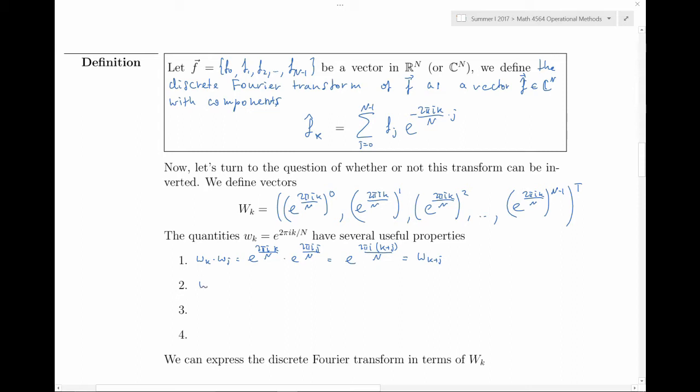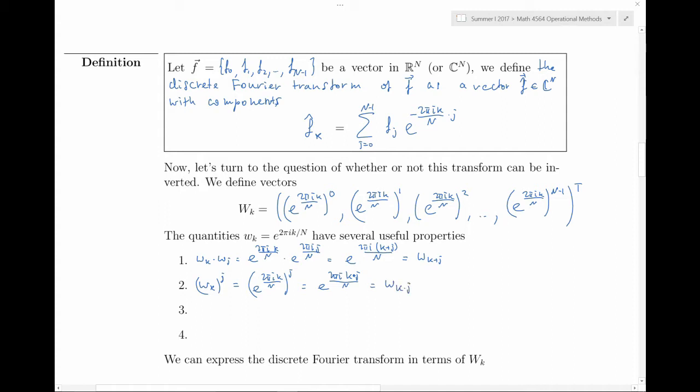Also, if I take wk and raise it to the power j, then I get e to the 2 pi i k over capital N raised to the power j, which is the same as e to the 2 pi i k times j over n. So it is the number w with the index k times j.